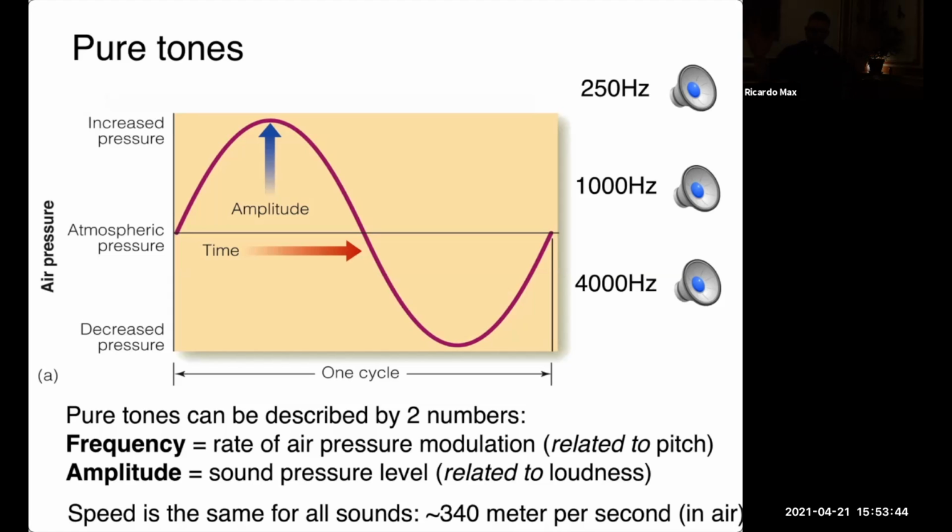We can have different electromagnetic waves that we perceive as one color, and different combinations can be perceived as the same color. So the same for frequency and pitch. It's only related, it's not exactly the same. We'll see it soon. And loudness is our perceived sensation of the amplitude, the strength of the wave.